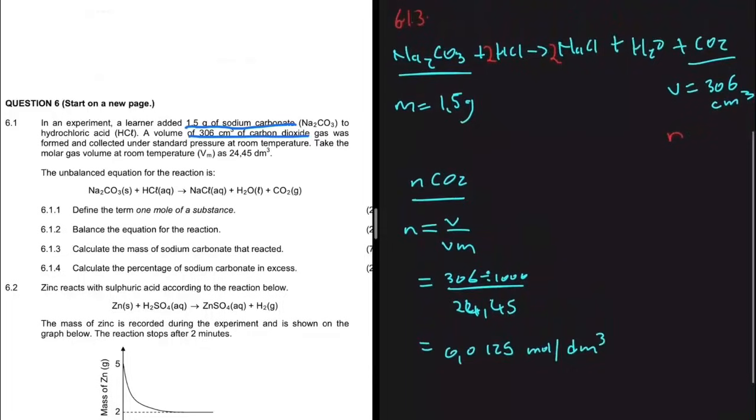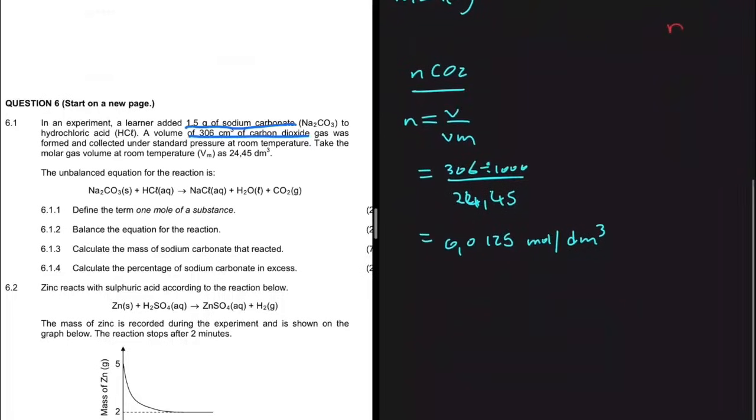So now we have the number of moles of CO2 that were formed with part of the sodium carbonate that reacted. Now using the mole ratio, we're going to be able to find the moles of Na2CO3 that reacted, and consequently the mass that reacted. So now we can say the number of moles of CO2 divided by the number of moles of Na2CO3 is equal to the balancing coefficient.